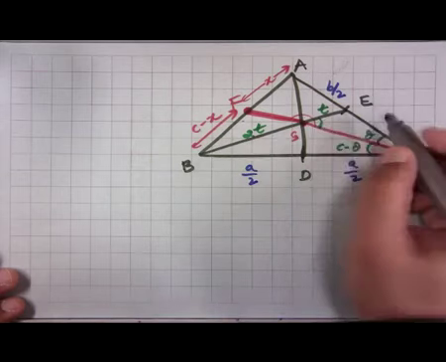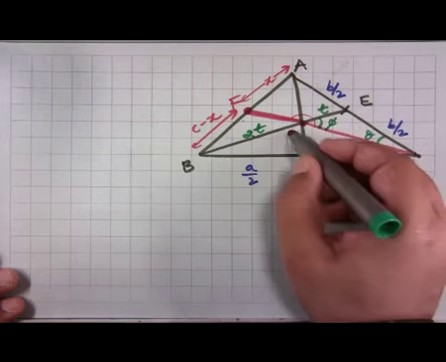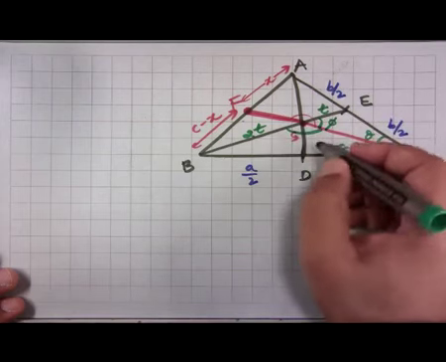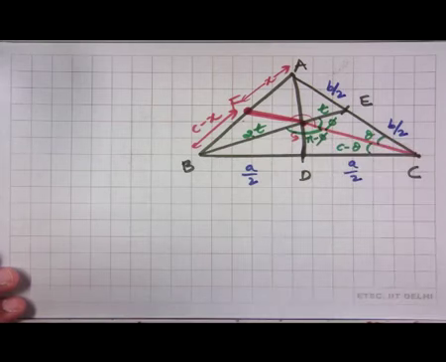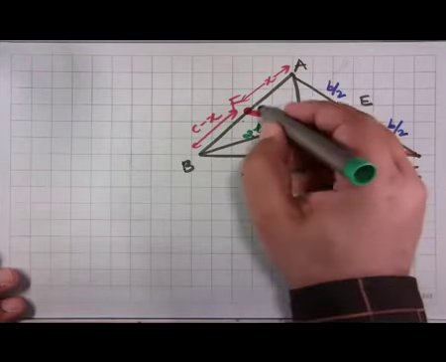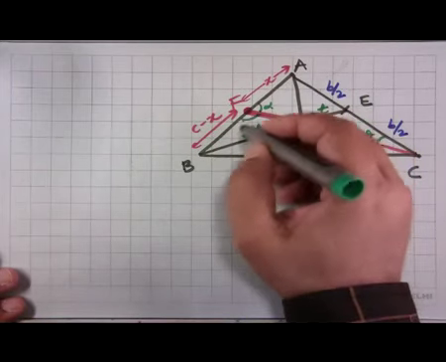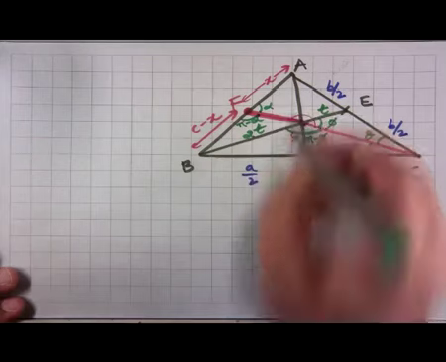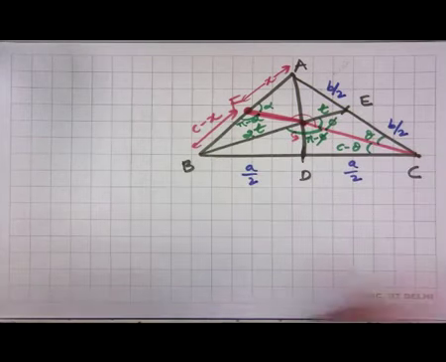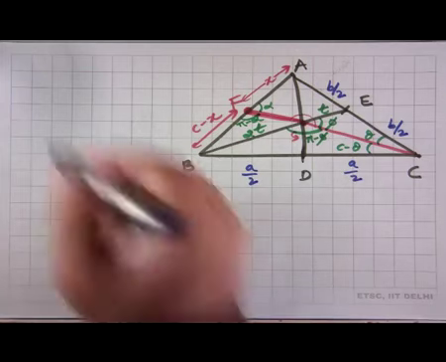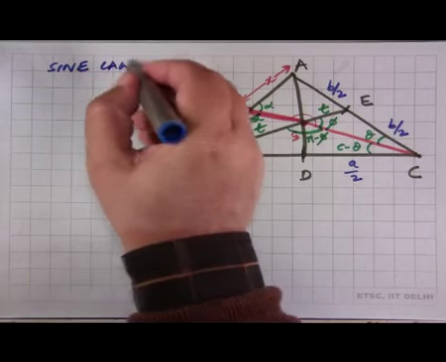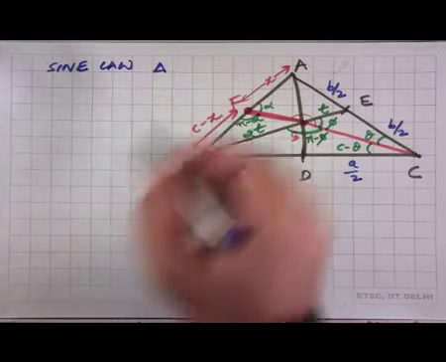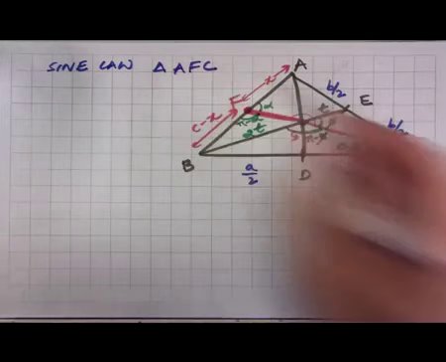If this angle is phi, then this other supplementary angle will be pi minus phi, and let this be alpha and pi minus alpha. Now let us apply the sine law to the triangle AFC.